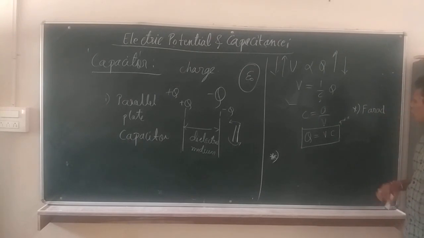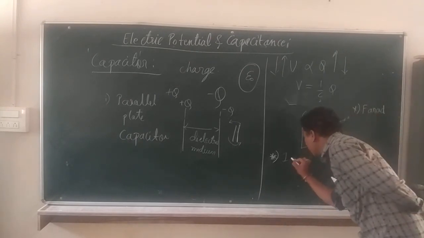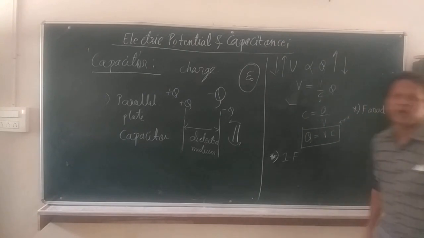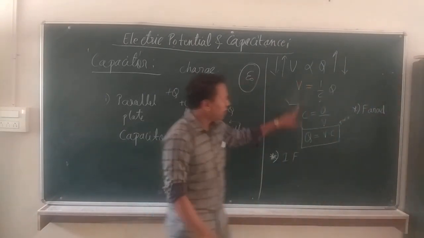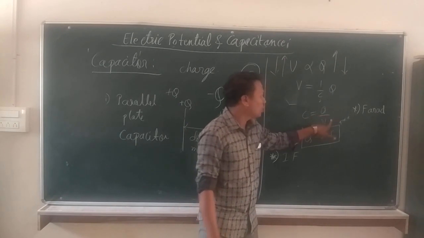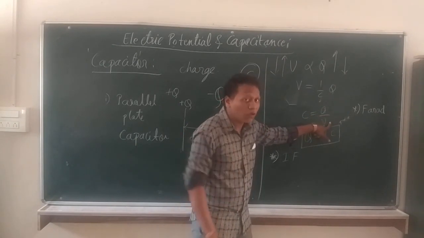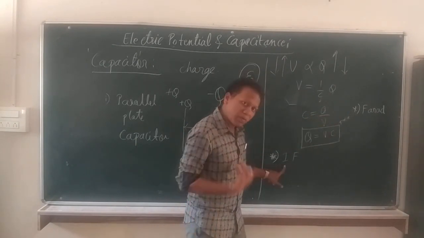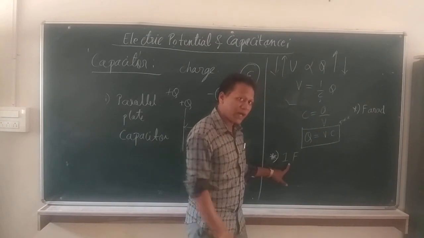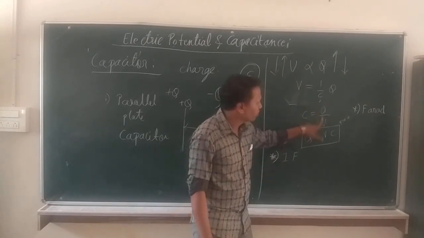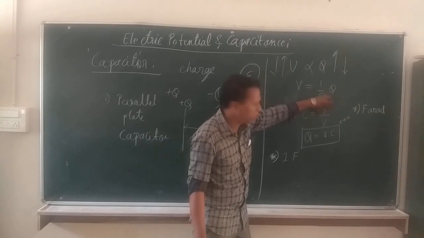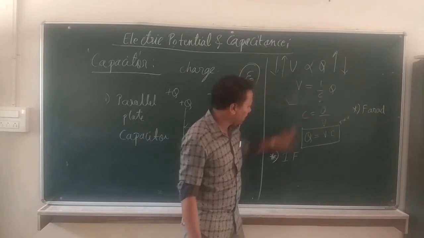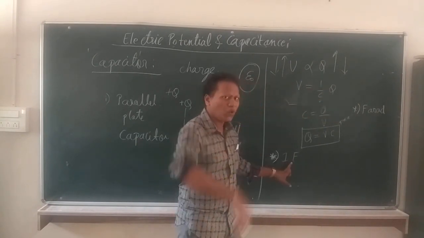Okay, now move on. How can one define 1 Farad? Quite simple. Here we have the formula C is equal to Q by V. What do you require here exactly? My aim is to get 1 Farad, where I have a charge Q and a potential V. So I need to alter the Q value and V value so that the capacitance of the capacitor will be 1 Farad.